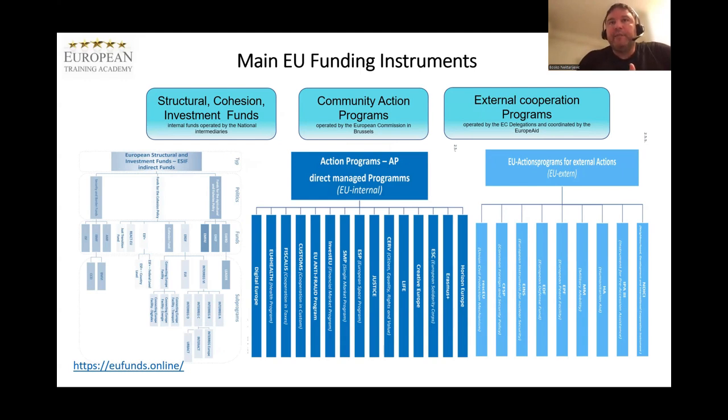Now, an overview of all the instruments is presented here in this slide. It's not designed to scare you.